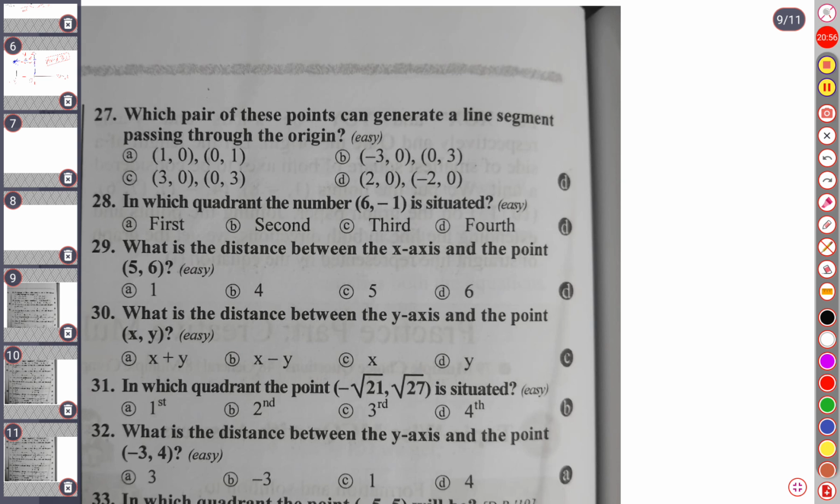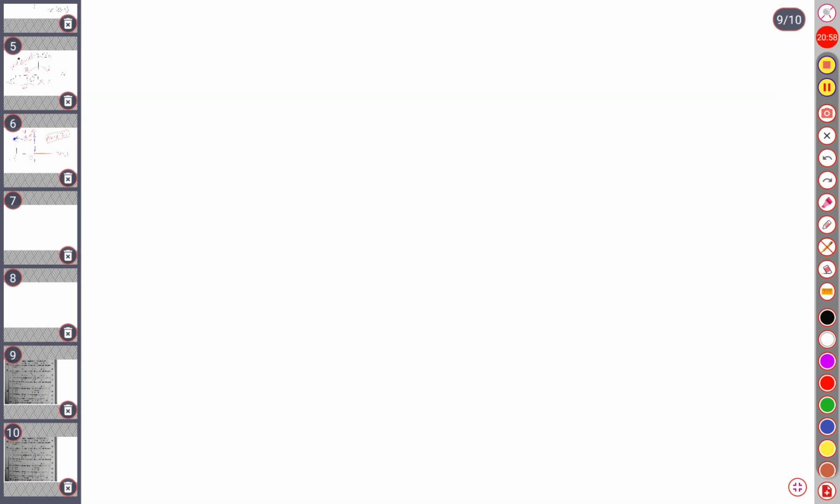Over here at page number, here we can write. Okay, so the first coordinate is minus 5, 5. It is 33: minus 5, 5.